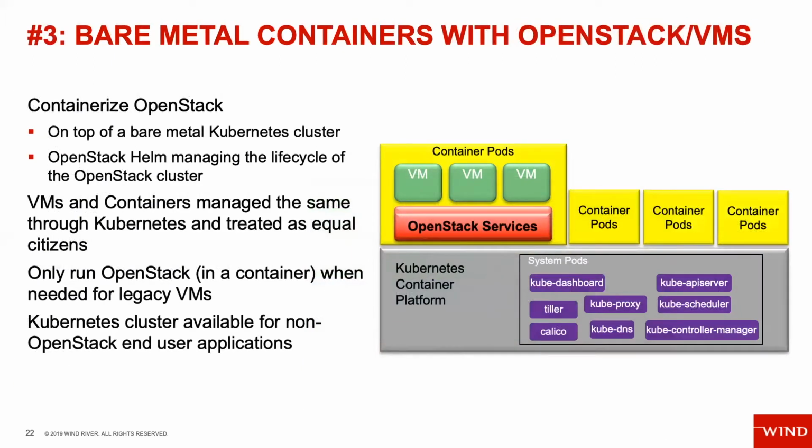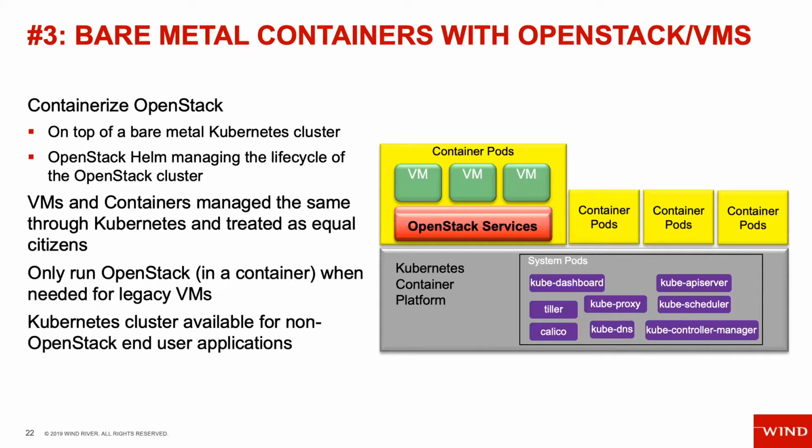Now, the third option is actually taking the OpenStack services and containerizing them. And so this kind of flips it around so that the container environment is the primary architecture. And when necessary, if you have a legacy VM solution, you can deploy that using OpenStack services.